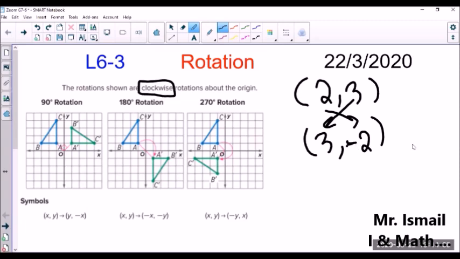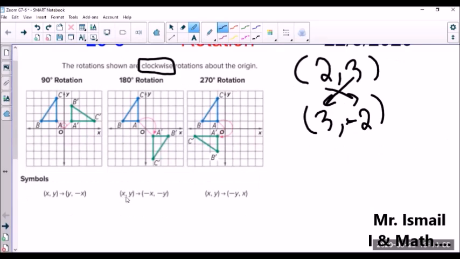Good. Now, if I want to rotate 180 clockwise also about the origin, (x, y) will be (-x, -y). For example, I'll take a small example. Let's take (-2, 5).